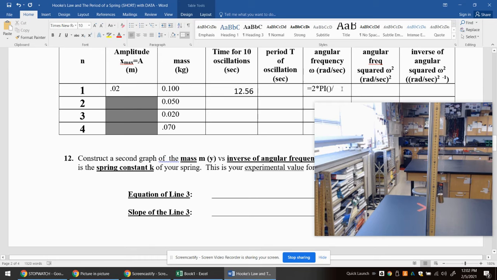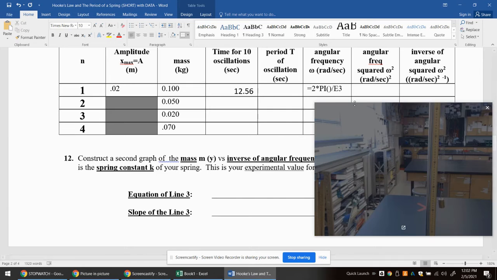You click over here on the cell before it, which is A, B, C, D, E. So we'll say something like E3, something like that. But when you click on it, it'll do it.